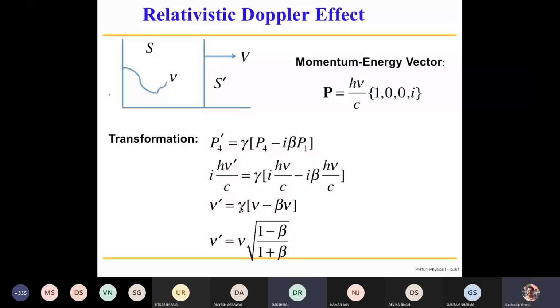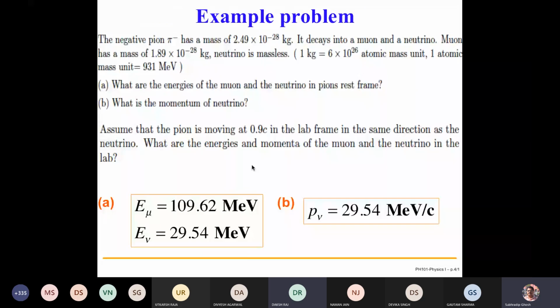Now how do we use this 4-vector formalism or the transformation laws? Another example I'm going to show you. In the previous tutorial, the last problem, parts A and B, we had a particle, a pion, that decays into a mu1 and a neutrino. Mu1's mass was given, and the neutrino is massless.